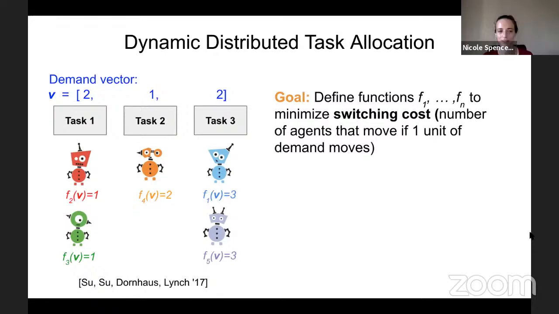So, a little bit of history about this problem. It was first defined in the context of ant colonies, like how ants divide themselves up amongst tasks. As it's stated, it's a clean combinatorial question, which doesn't have anything to do directly with ants.